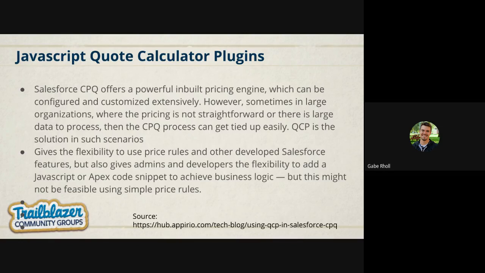And in those instances, a good example might be an external pricing service that is a web service that you need to go ping to get the pricing from, where it's not necessarily configured in CPQ. That's an example of when you might want to use the quote calculator plugin. We have a very simple example of this where we're simply hard coding a value of a price and just stamping it on all quote lines, basically.